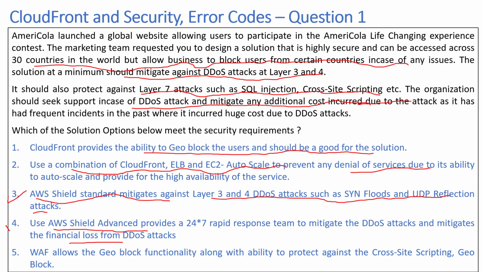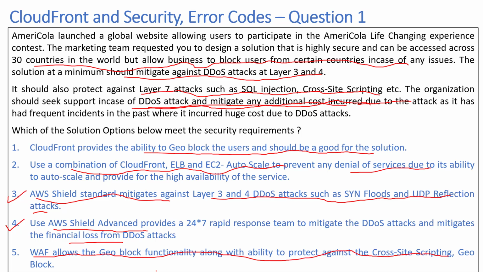Okay, so this is definitely correct because that's what it is looking for here, to mitigate any financial implication due to the DDoS attacks. So this is definitely an answer, but what you need to also understand is that AWS Shield Advanced is actually a very expensive solution.